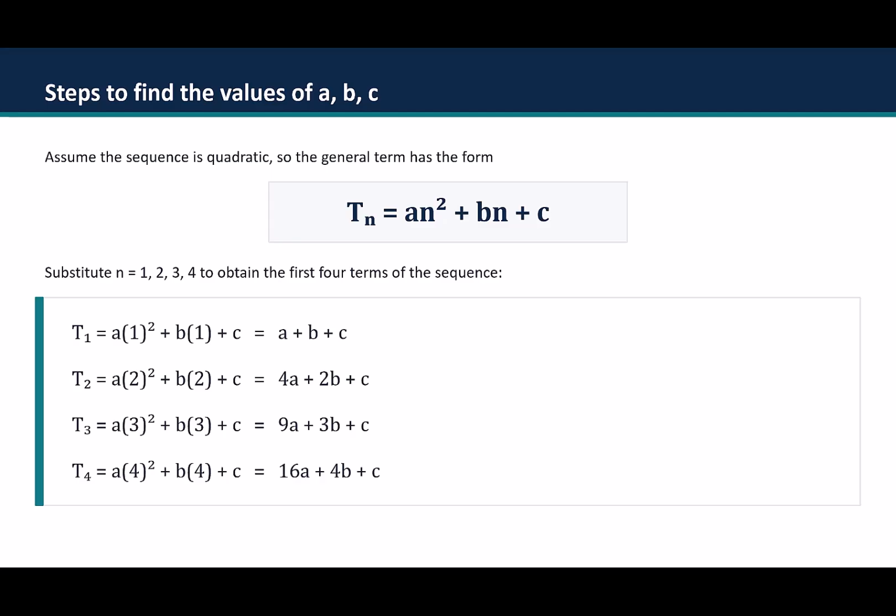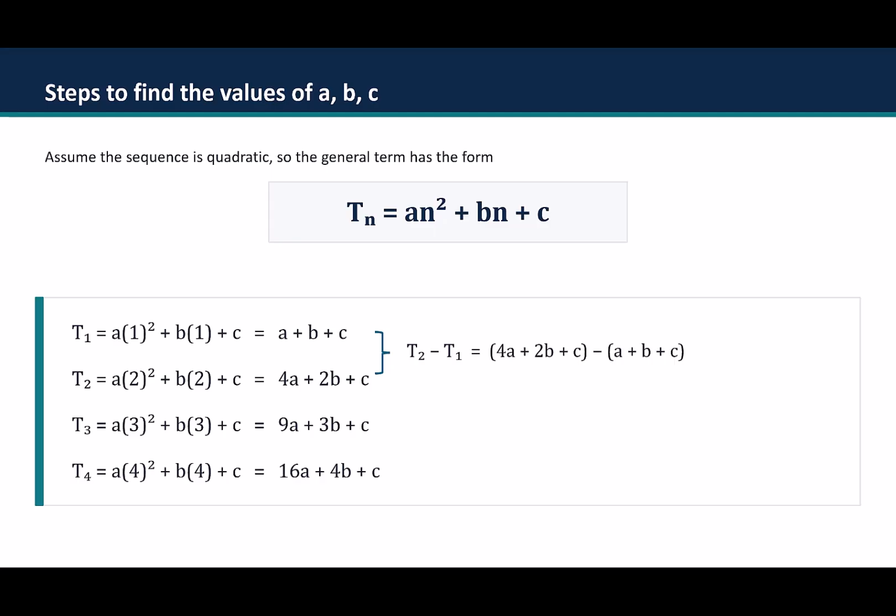Now that we have the terms, let's find the first differences. We'll start with T2 minus T1, which is 4a plus 2b plus c minus (a plus b plus c). This reduces to 3a plus b. Then T3 minus T2 is 9a plus 3b plus c minus (4a plus 2b plus c).